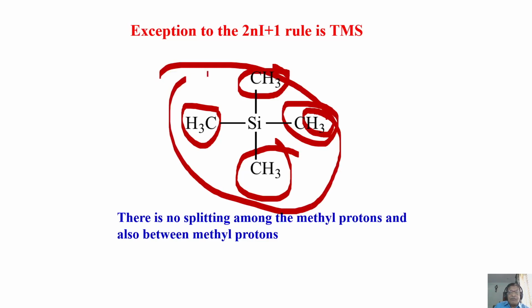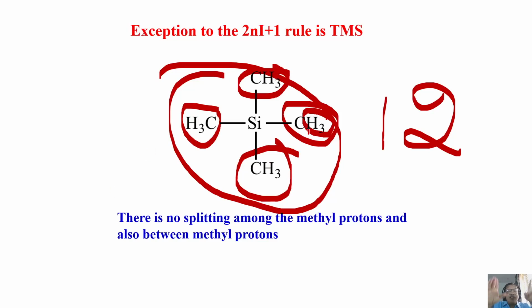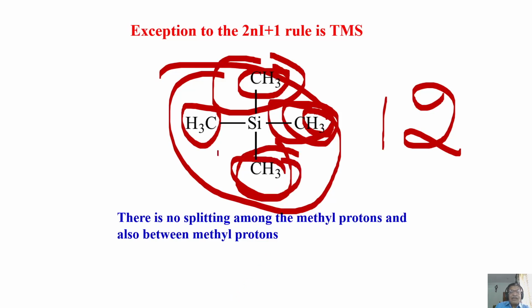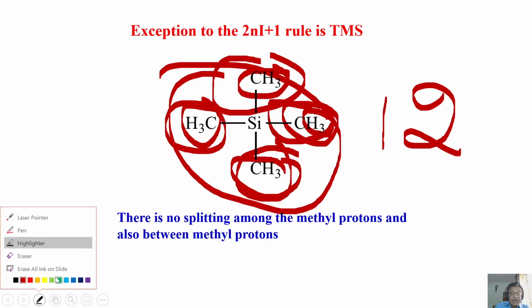That means all 12 protons of tetramethylsilane are chemically equivalent and also magnetically equivalent. The coupling between this CH3 and this CH3, this to this to this, is all the same. You will not see any effect on the spectrum. That's another example showing the 2nI plus 1 rule does not apply here. This cannot split because of this under the 2nI plus 1 rule. These are classic examples showing there are exceptions to the 2nI plus 1 rule.